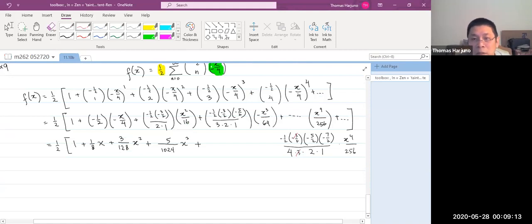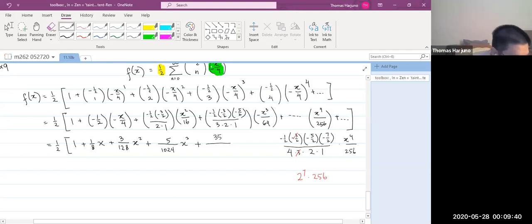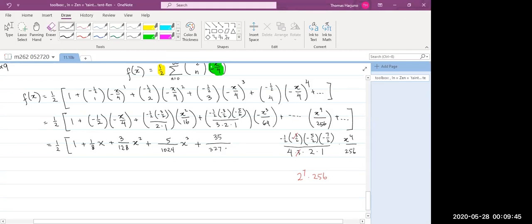That one is easy. But I have 1, 2, 3, 4, 5, 6, 7. 2 to the 7 times 256. Ooh, what is 2 to the 7? That's 256 squared. Ooh, that's a very big number. And on the top, I get 35. Let me use my calculator. I think it's 128 times 256. Yeah, 128. So that will be over 32,768 x to the 4.